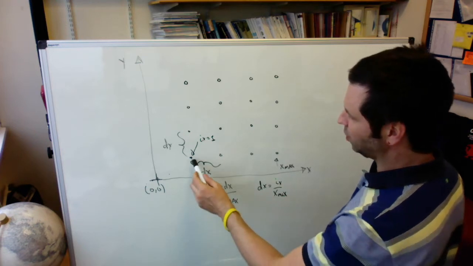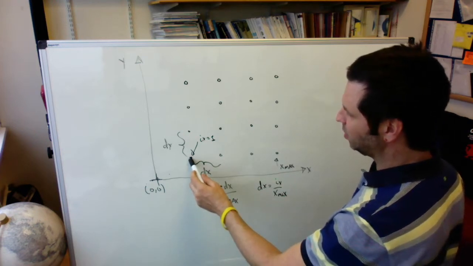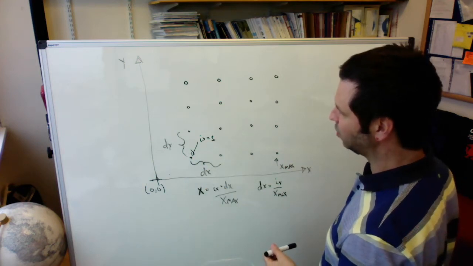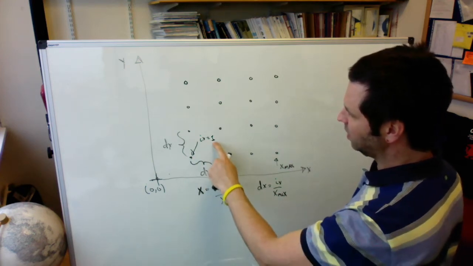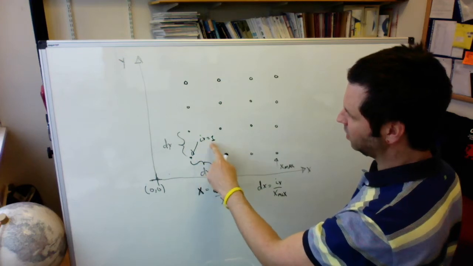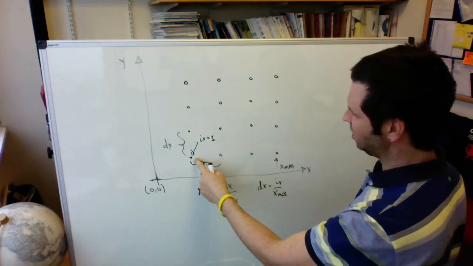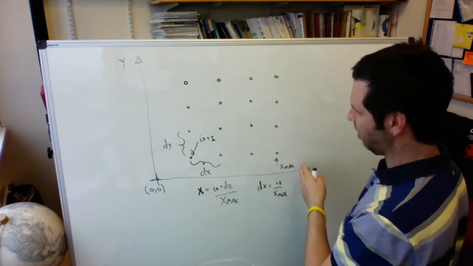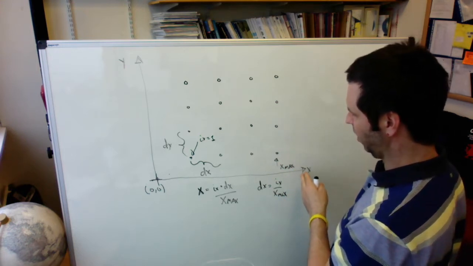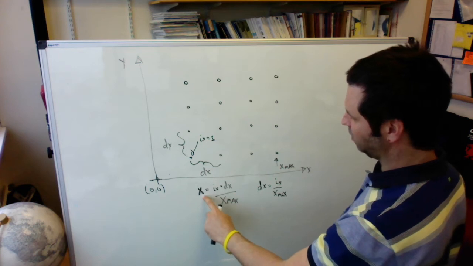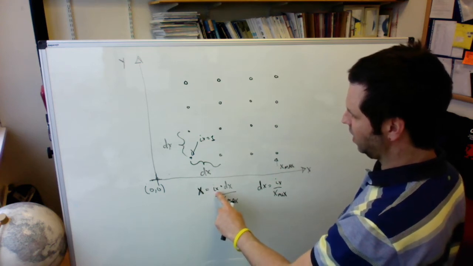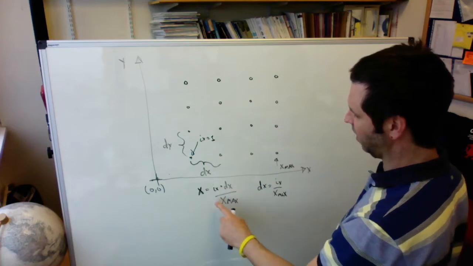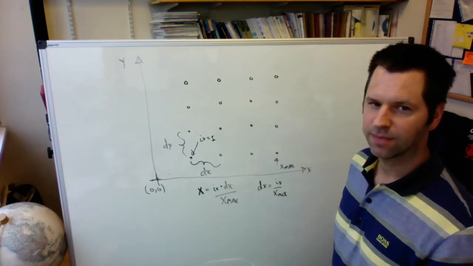Now, if I want to determine the position of this sample, all I have to do is take the index, for example, the x index of this is 1, and divide it by the maximum x distance, right? So the x position is just the index ix multiplied by dx divided by x max.